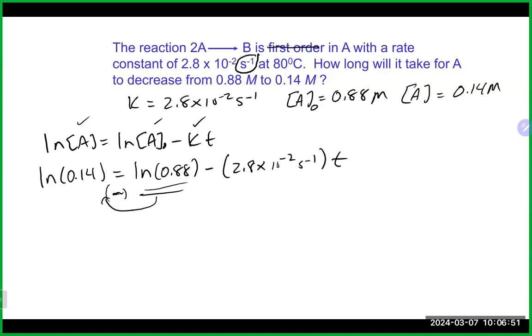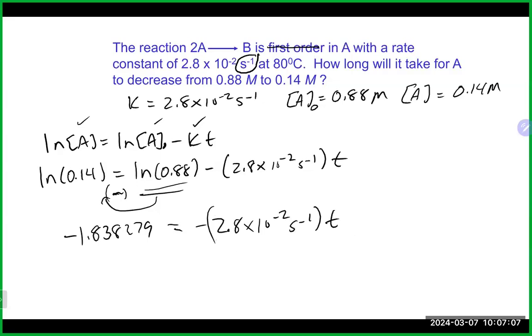And that's going to give me something like negative 1.838279, I don't feel like rounding, times 10 to the minus 2. And that is negative 2.8 times 10 to the minus 2 reciprocal seconds times t.